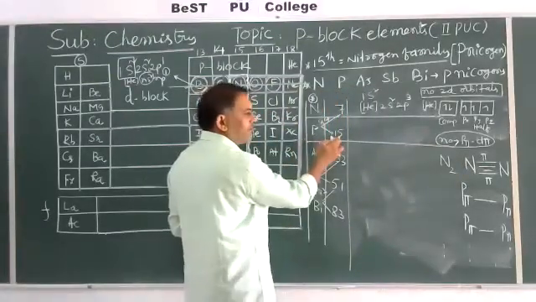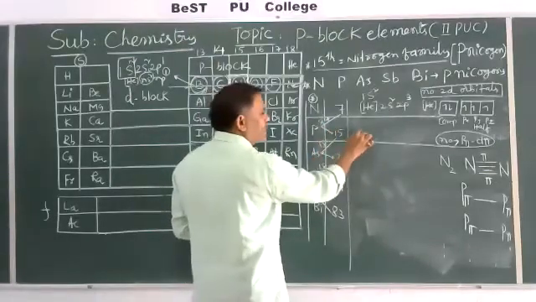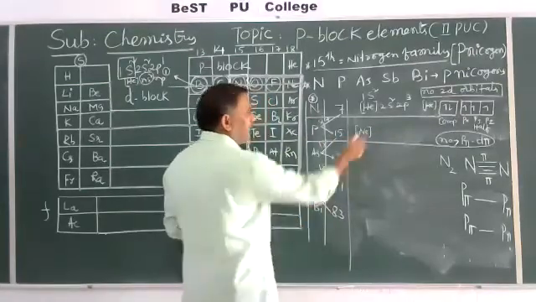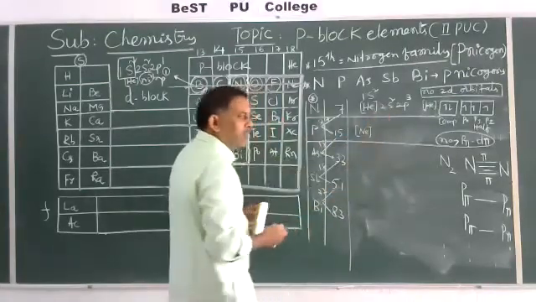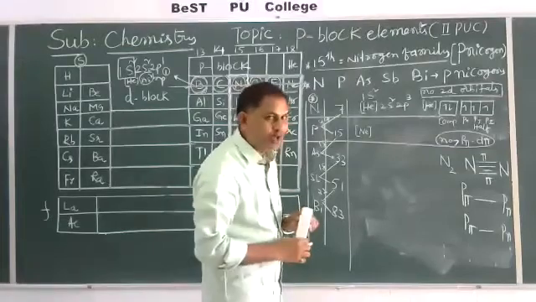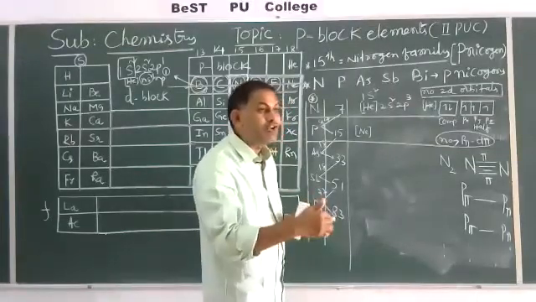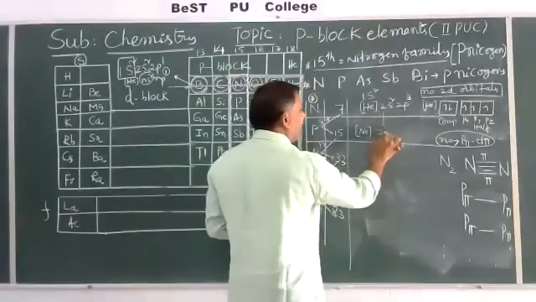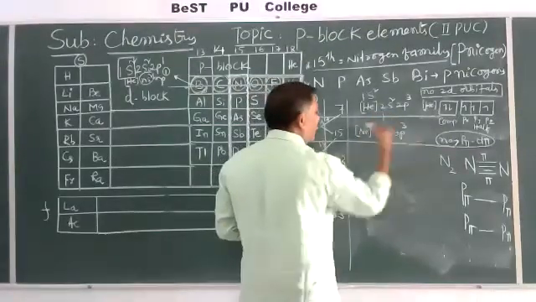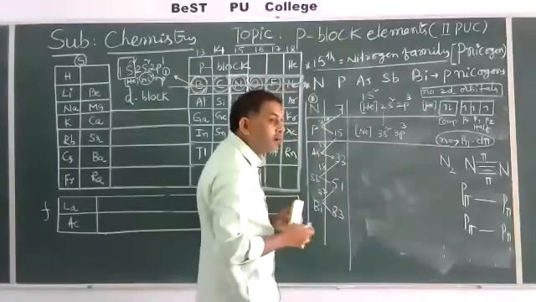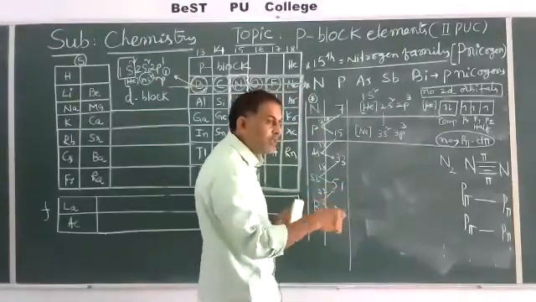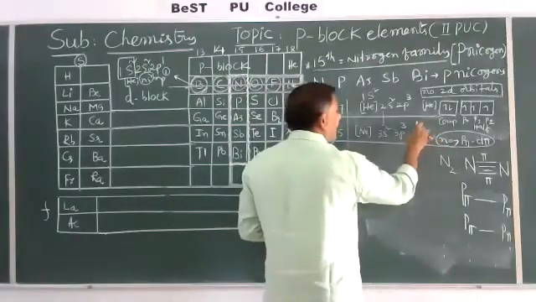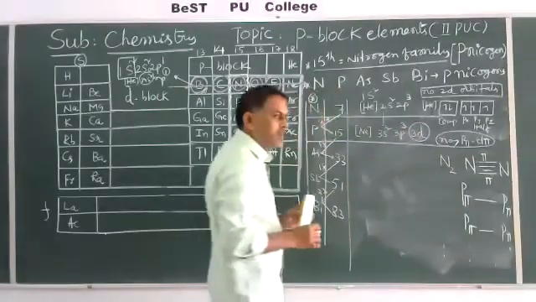Here, before 15, we know that is neon, atomic number 10. And from top to bottom, as atomic number increases, the newly added electron enters a new main energy level. So it goes from 2 to 3, that is 3s2 and 3p3. But d starts from the third main energy level. That's why here the electrons, maybe in an excited state, enter the 3d main energy level.